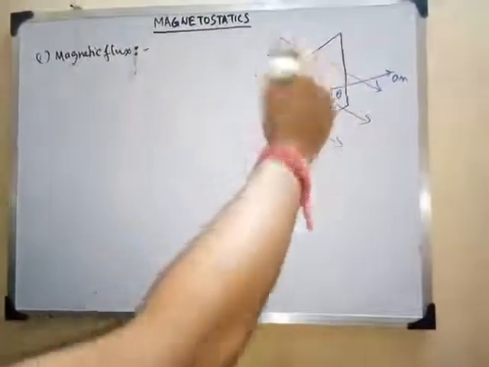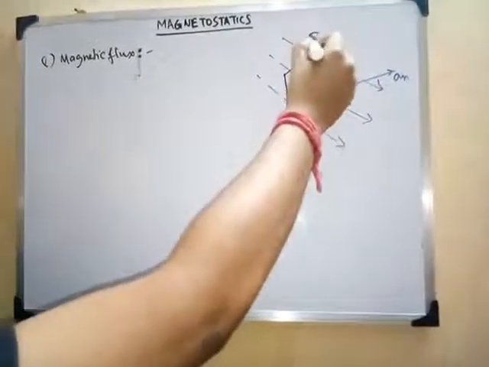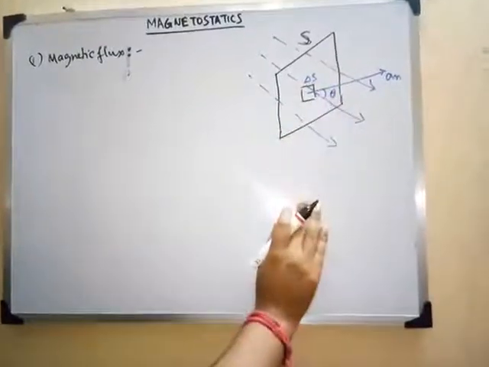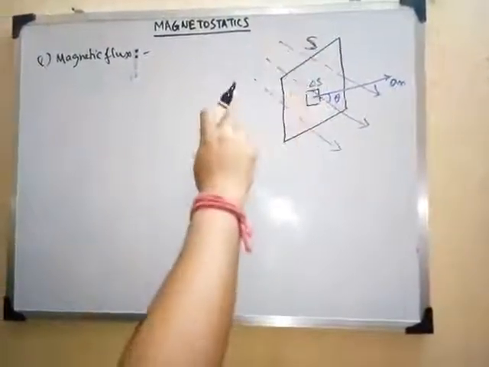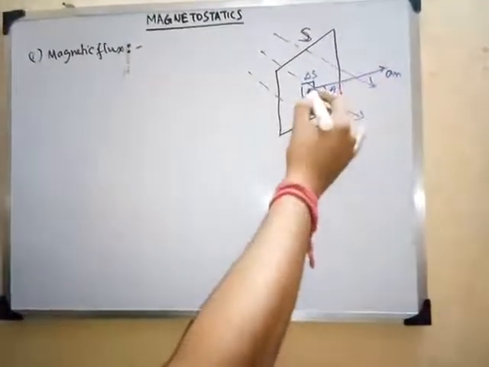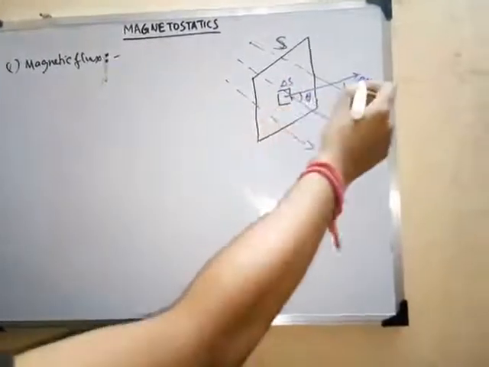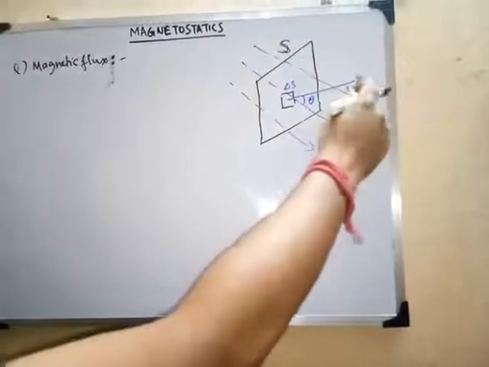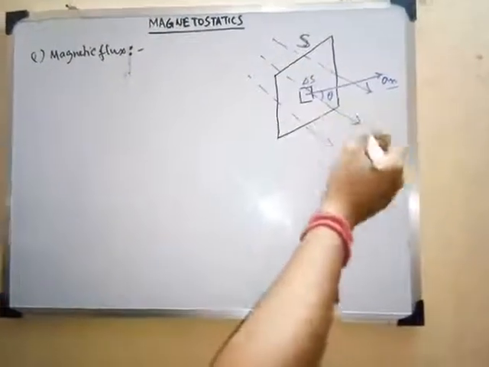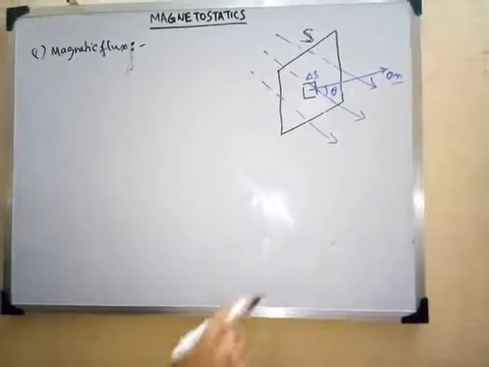I have drawn a surface S, you can take the overall surface as S, and I have taken a small elemental surface del S, and through this total surface some magnetic lines of force are passing. I have taken a unit vector an, you can also take it as un, like we discussed before, and the angle between the magnetic lines of force and this unit vector I have provided as theta.